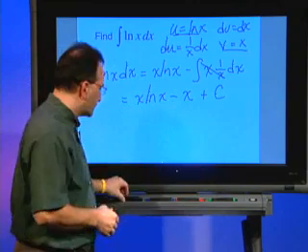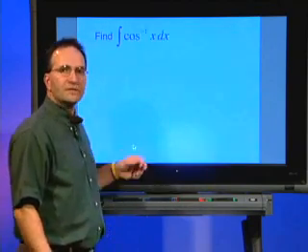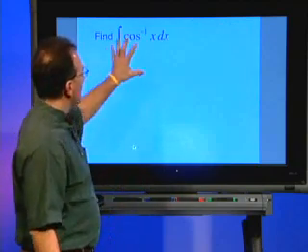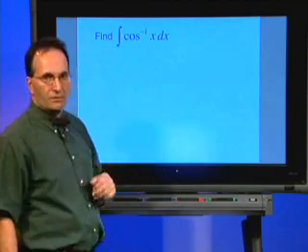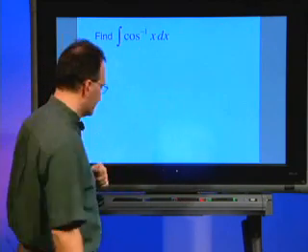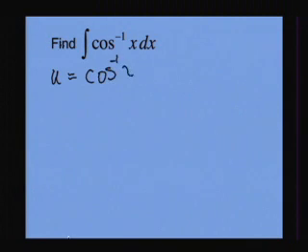Now let's turn our attention to finding the integral for an inverse trig function. So let's find the integral of arc cosine dx, or in other words, cosine inverse x dx. In this case, we're going to let u equal the inverse cosine, in other words, arc cosine of x. That means that dv is equal to dx.